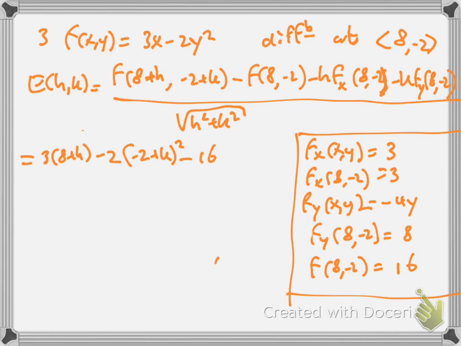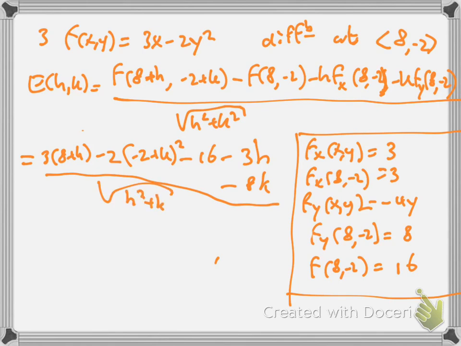Then I have minus 3 times h, because the 3 is equal to the f_x in the point (8, minus 2), minus, that thing is 8, so minus 8k, divided by the square root of h squared plus k squared. Okay, I'm going to run out of space soon. Anyway, so now let's simplify this a little bit.